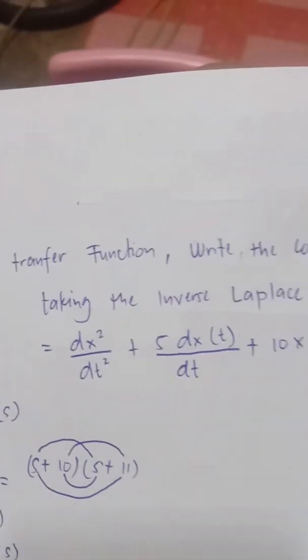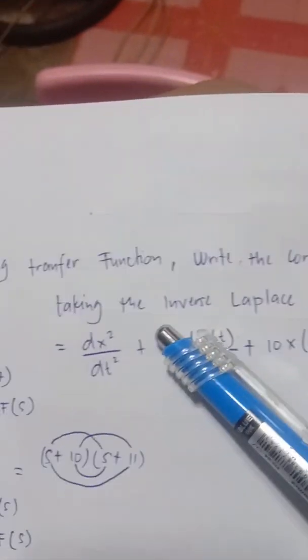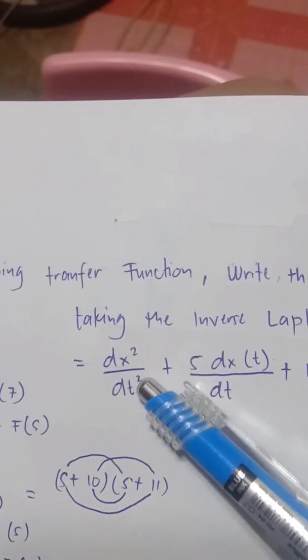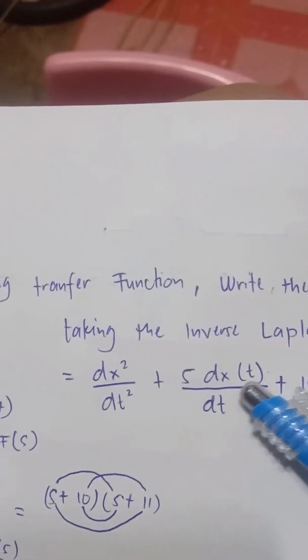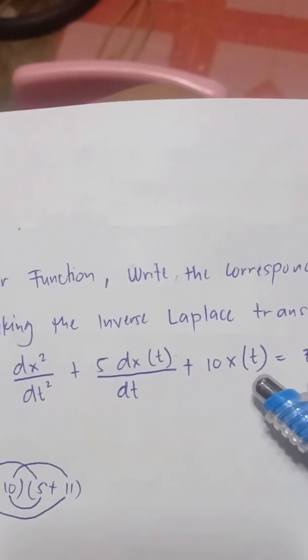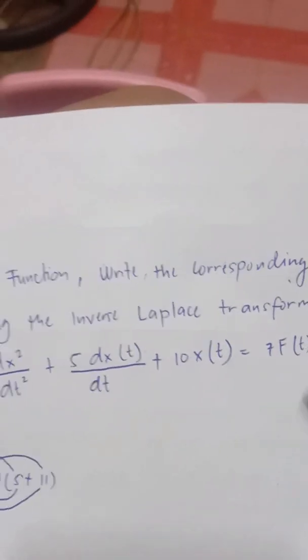Now taking the inverse Laplace transform, we get d squared x over dt squared plus 5 dx(t) over dt plus 10x(t) is equal to 7f(t).